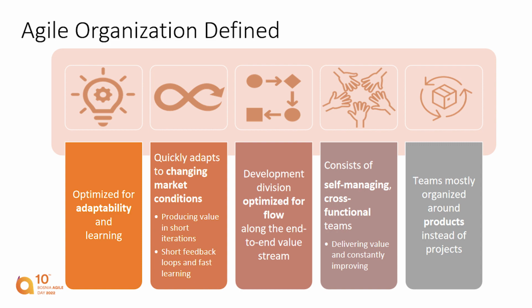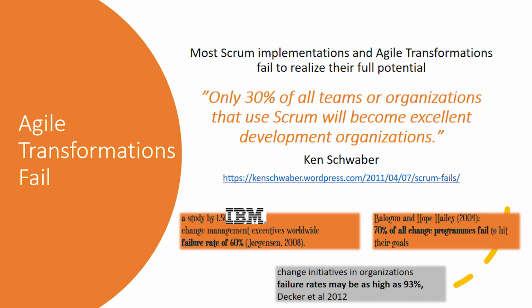Unfortunately, it's not easy to build such an organization, and Agile transformations are notorious for their failure rate. There is a famous statement by Ken Schwaber, who is one of the authors of Scrum, who stated that only 30% of organizations that introduce Scrum will become successful development organizations.